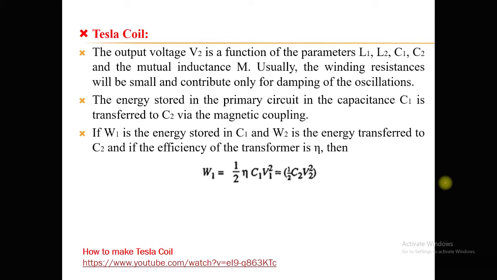So the efficiency of the Tesla transformer can be increased by placing the secondary winding close to the primary winding.